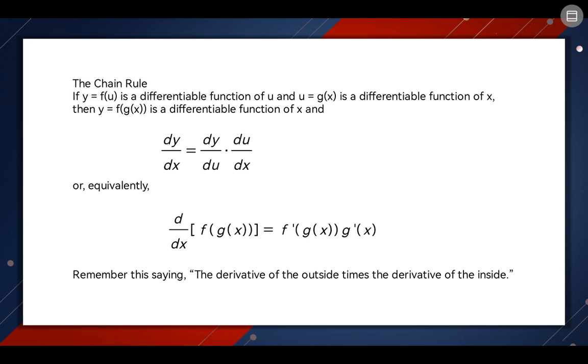We can also write the same form as d over dx of f of g of x equals f prime of g of x multiplied by g prime of x. We also need to remember this: the derivative of the outside times the derivative of the inside.